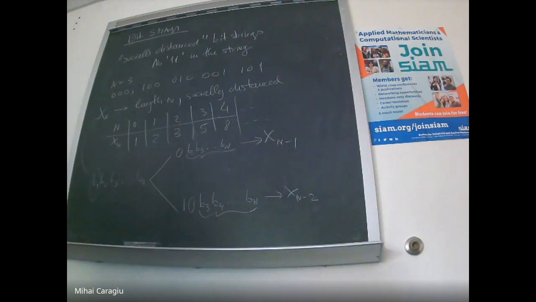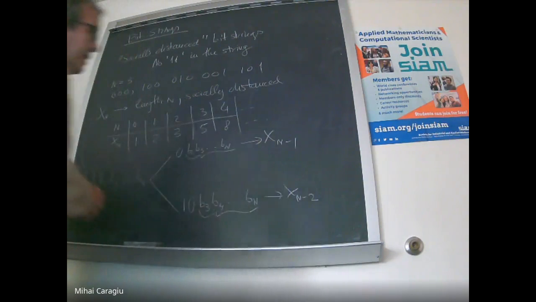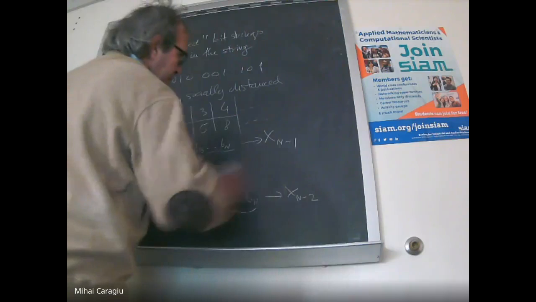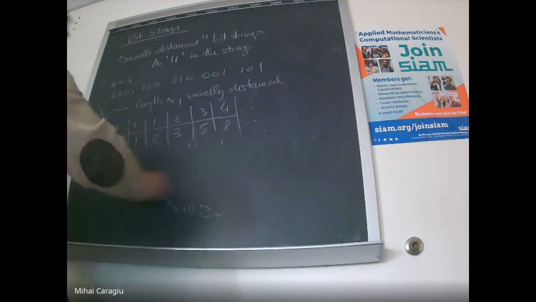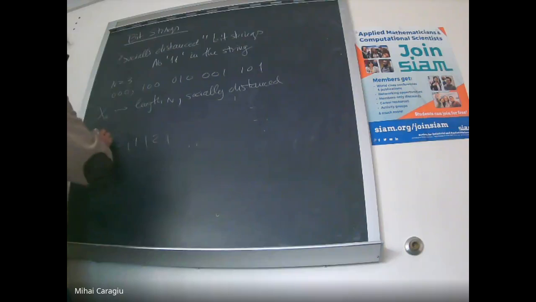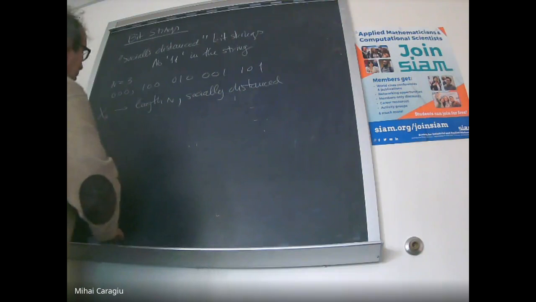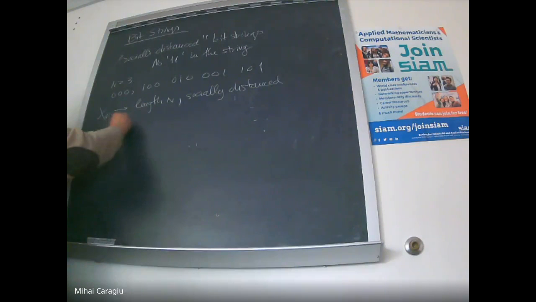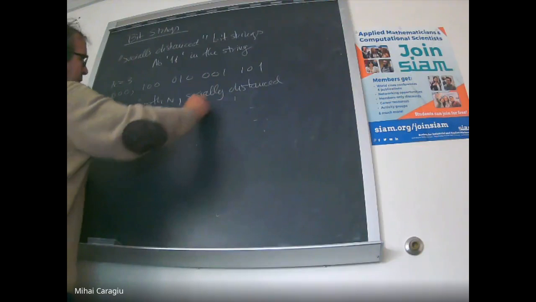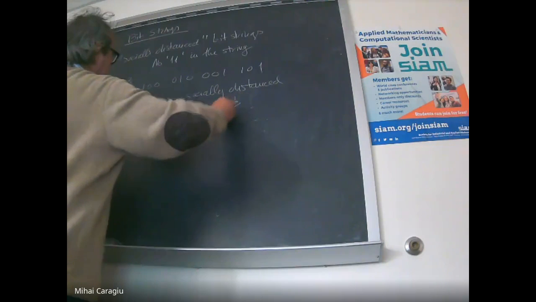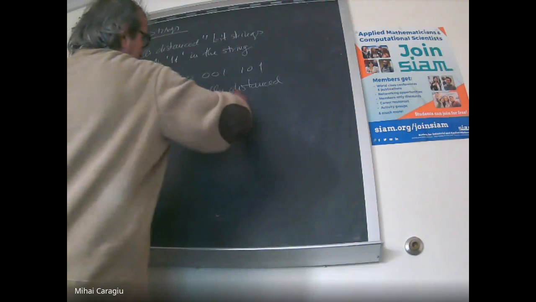So in conclusion, x_n, the number of socially distanced bit strings of length n, is x_{n-1} plus x_{n-2}. Let's write down the recursion relation: x_n equals x_{n-1} plus x_{n-2} for every n greater than or equal to 2.